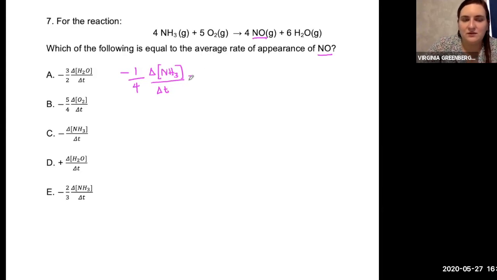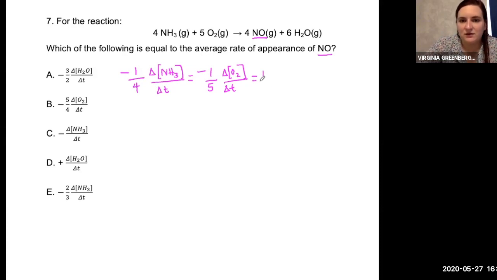Will be equal to now the part for our next reactant, which will also be going away. We'll have 1 over its coefficient times its change in concentration over time. And then now we can write for our products. So these are going to be positive.